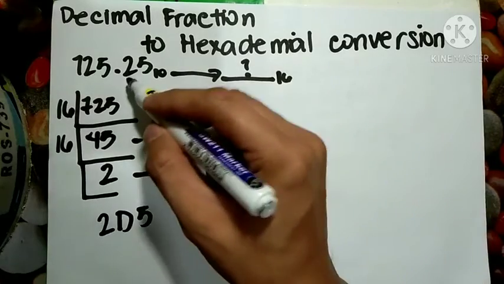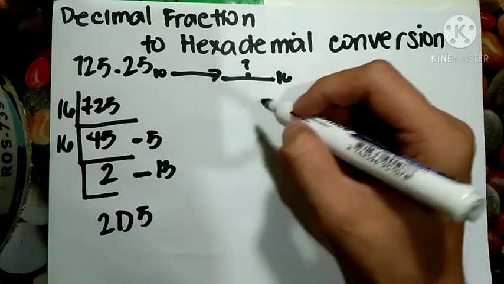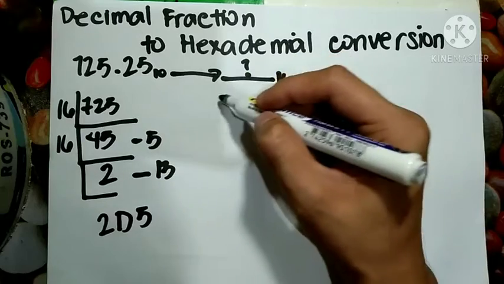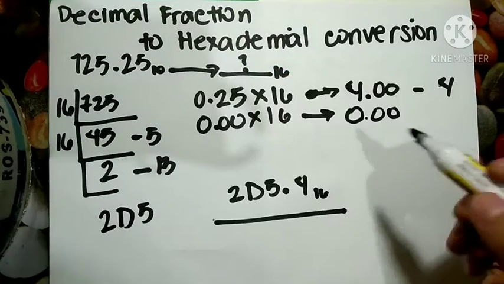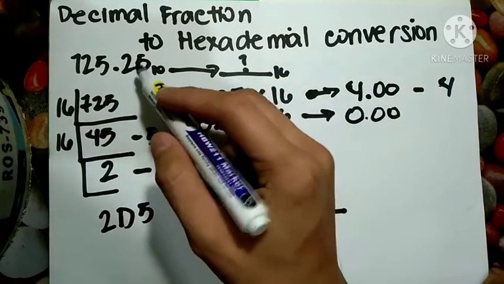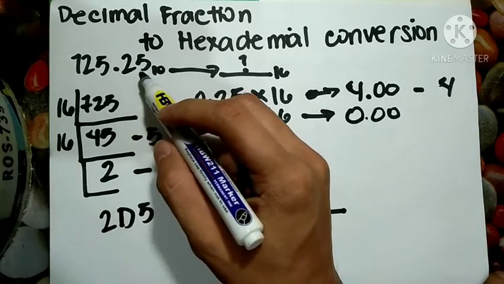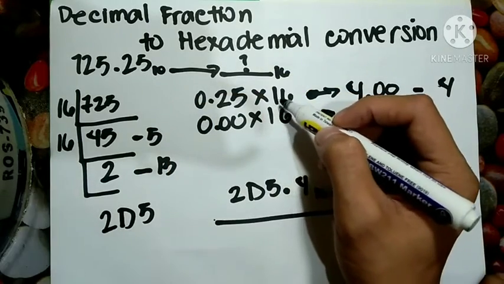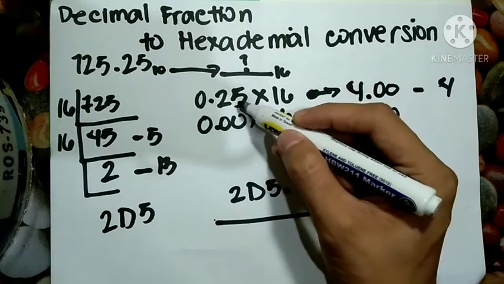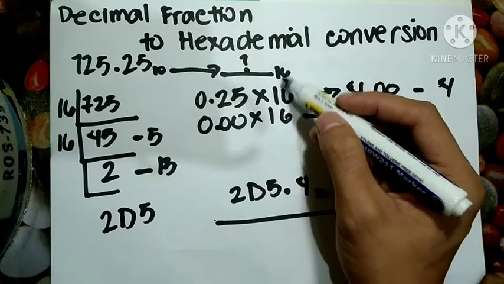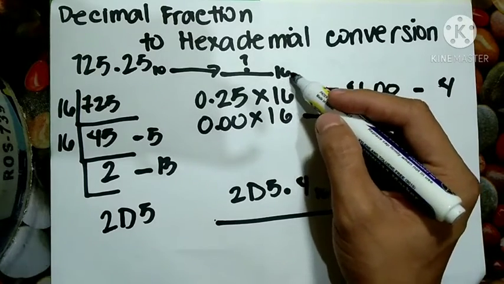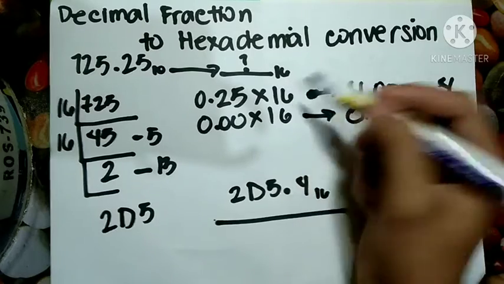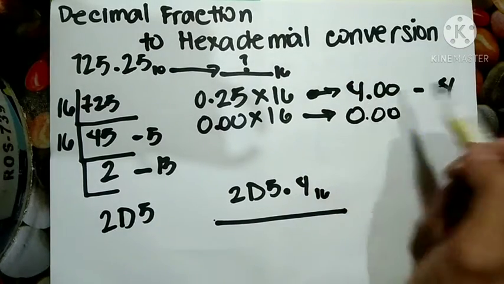Then we go to the fraction part of this number. So let us multiply 0.25 by 16. Again, we need to multiply the decimal number by 16 because our answer must be in base 16 or hexadecimal. And we get the answer 4.